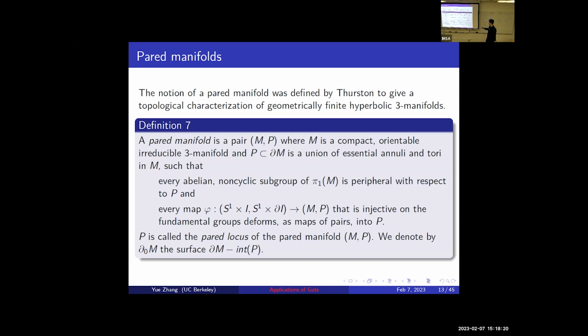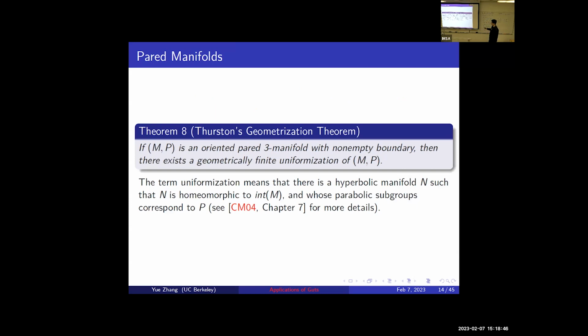And they satisfy two conditions: every abelian non-cyclic subgroup of π1(M) is peripheral with respect to P, and every map φ from S1 times I, with S1 times ∂I mapping to P, that is injective on the fundamental groups, can be homotoped into P. And the Thurston geometrization theorem shows that if (M,P) is an oriented pared manifold with non-empty boundary, then there exists a geometrically finite uniformization of (M,P).